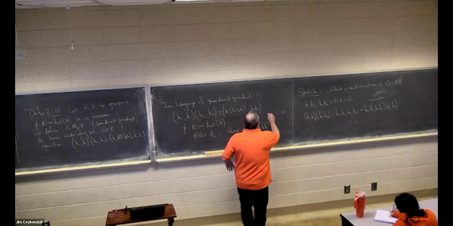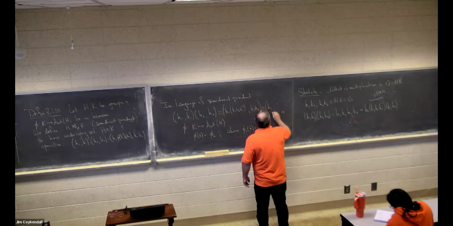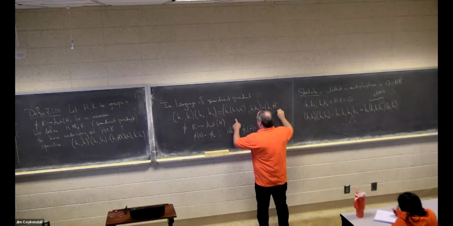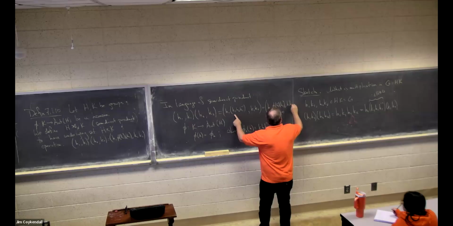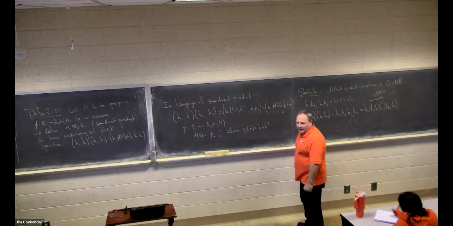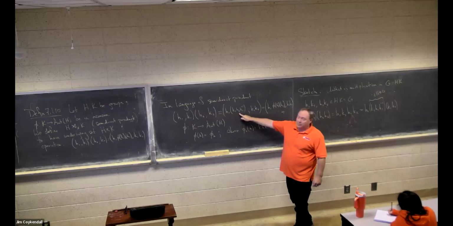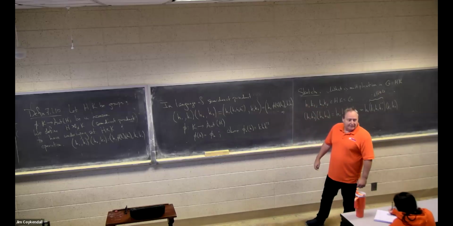In this language, this is H1 times phi of K1 acting on H2. Because that's exactly what we've done: this is the automorphic image of H2 under that conjugation.